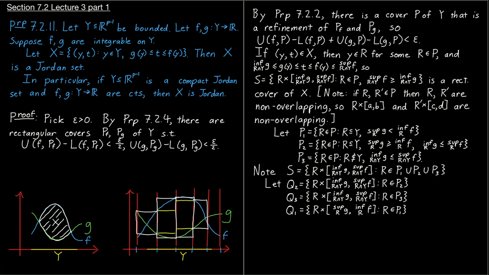Notice that if you're in P1 or P2, then your rectangle is contained in Y, and so we don't need to worry about taking R intersected with Y. We can just take the infimum and supremum over R. But now notice Q1 doesn't have all of the appropriate rectangles, so I'm going to call them Q4 and Q5.